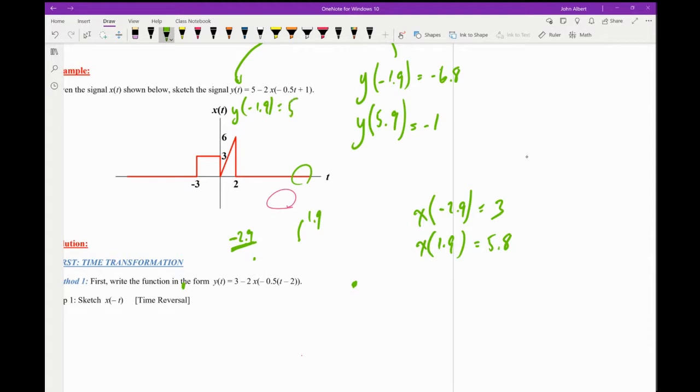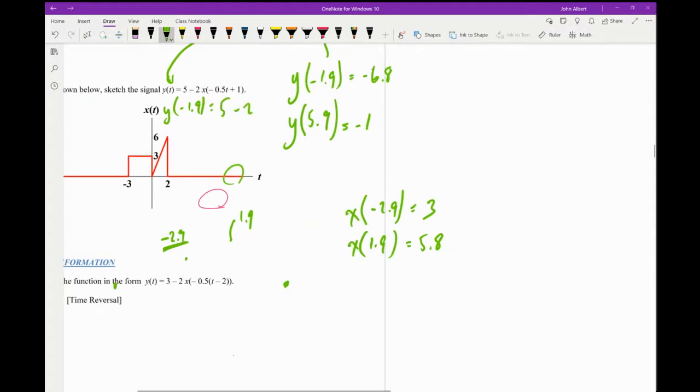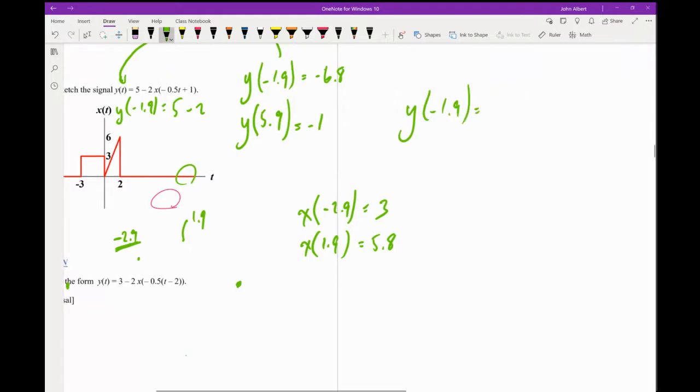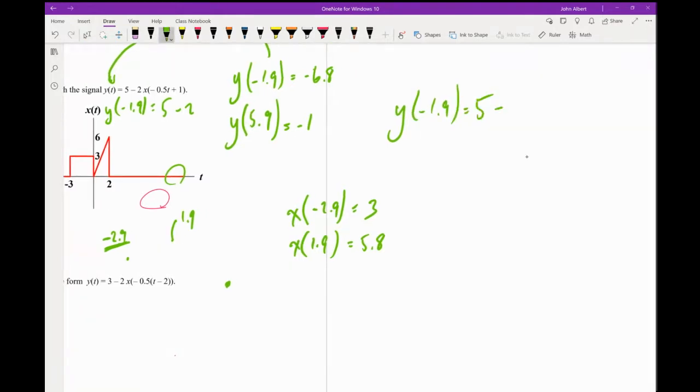Let me write it to the side. y of minus 1.9 should be equal to 5 minus 2 multiplied by x evaluated at minus 0.5t plus 1, and every t now that you see in there, replace it with minus 1.9. Minus 0.5 multiplied by minus 1.9, added to it 1. Let's see, how much is this equal to? Does it give me the same value, which is equal to minus 6.8 or not?